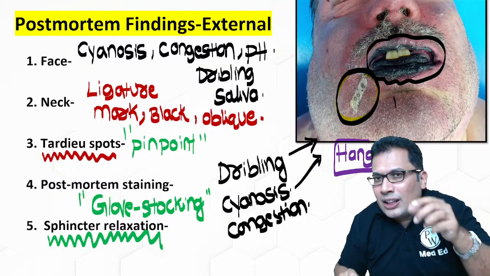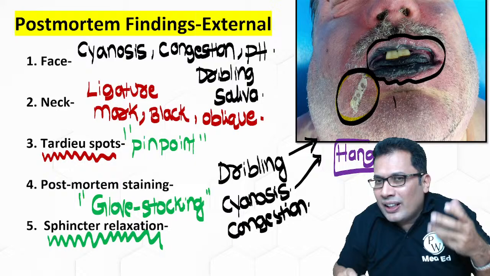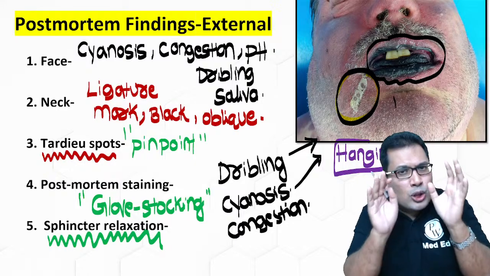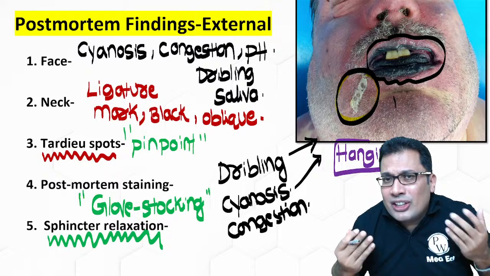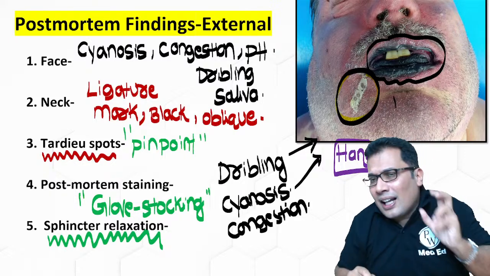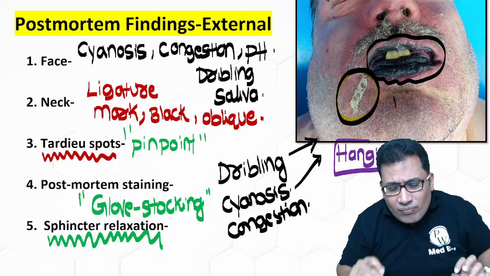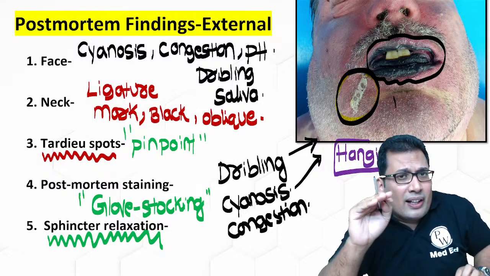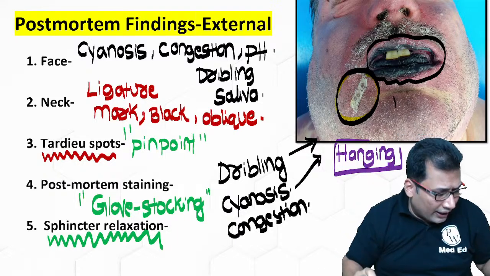Tardive spots are seen over the sclera, eyelids, and can be seen over the internal organs as well. Postmortem staining is commonly seen in the lower part of the upper limb and lower part of the lower limb, known as glove and stocking postmortem staining. Sphincter relaxation because of the hanging and asphyxial death, so there can be involuntary excretion of feces and urine. All these are the 5 important findings.